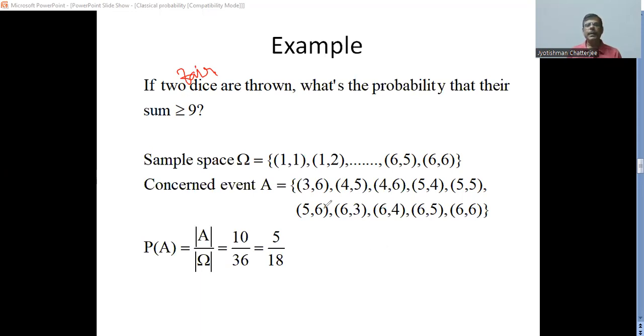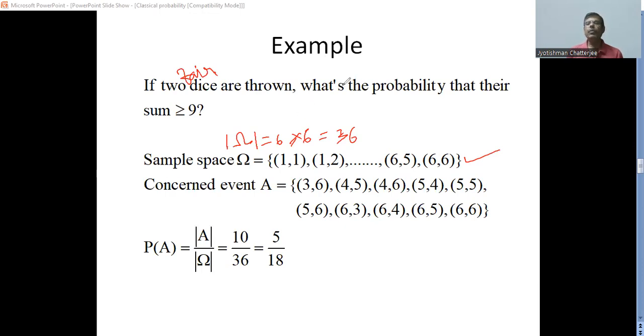So here, sample space is equal to this. We have seen it multiple times by this time. And how many elements are there in the sample space? Sample space size is equal to 6 into 6. That is equal to 36. Now, what is A?